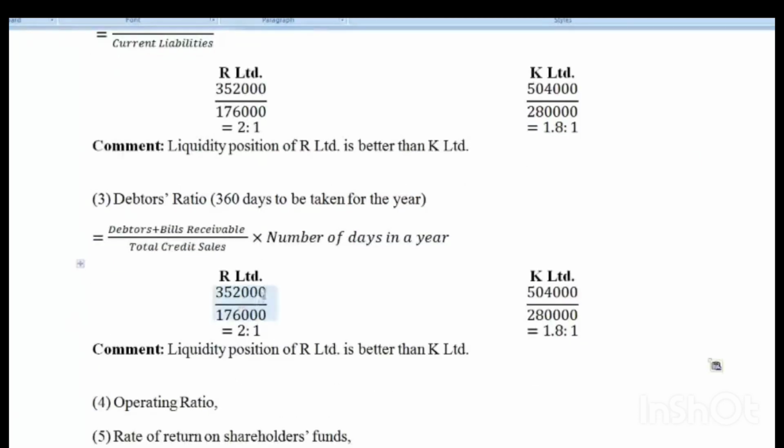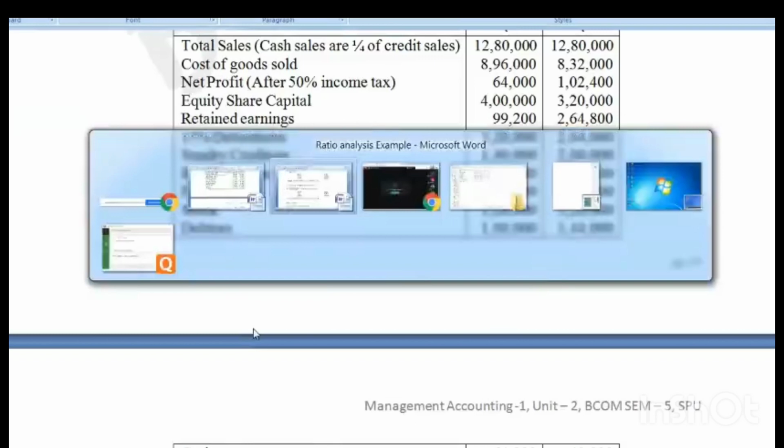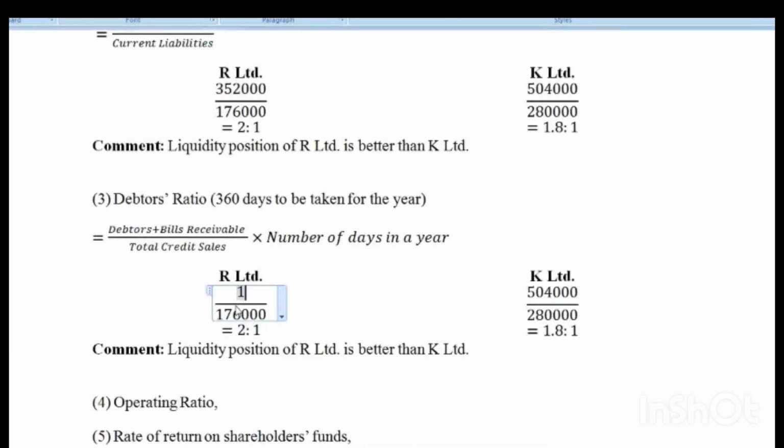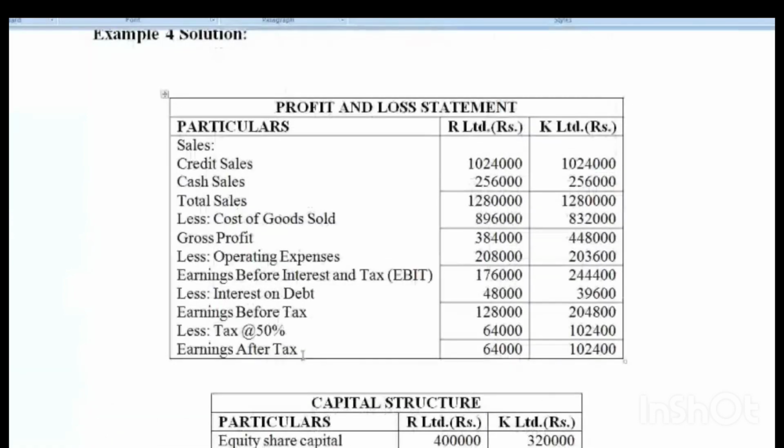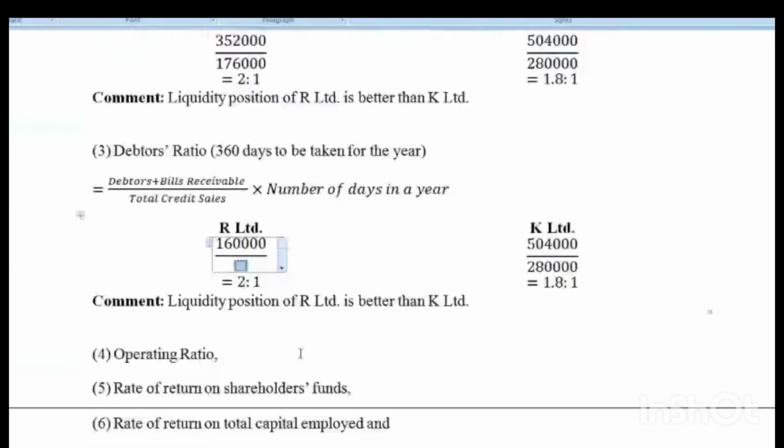So for R Limited, what is the value of debtors? 1,60,000. Debtors are 1,60,000. Is there any bills receivable? No BR. Credit sales we have already calculated. Credit sale is 10 lakh 24,000.